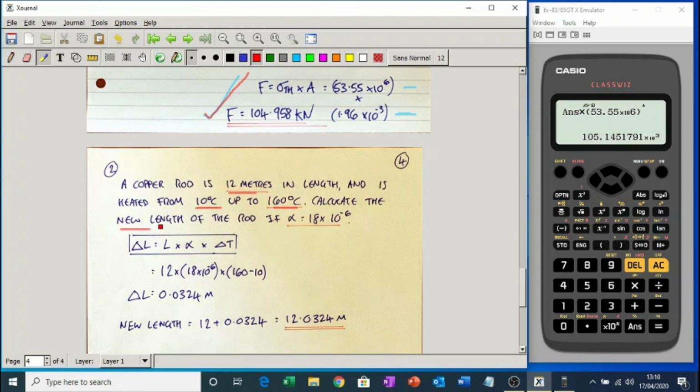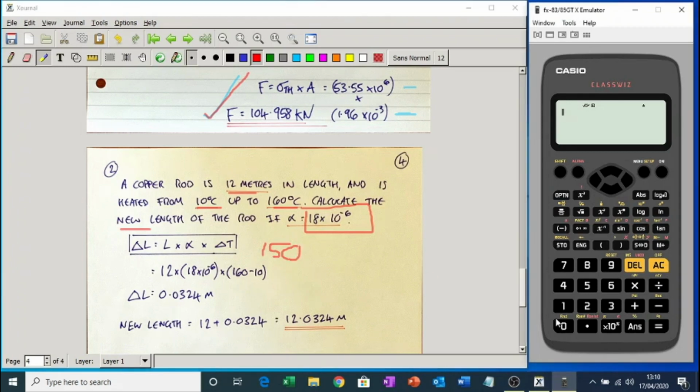So we need to find the new length, so I'm going to work out the change in length first, then add it on to the 12. So we'll keep everything in meters. The length is 12, coefficient of expansion is 18, and my change in temperature is going to be 160 take away 10, which in my book is 150.